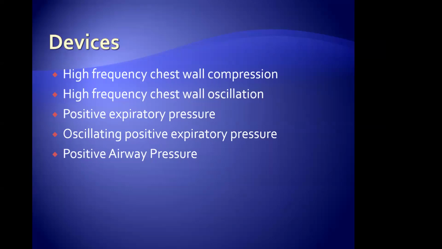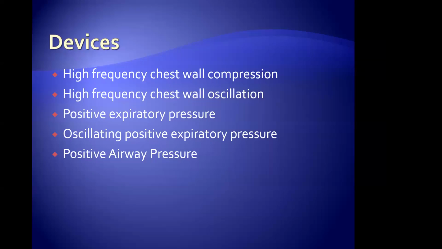So high frequency chest wall compression, turn that vest up and have that vest vibrate. High frequency chest wall oscillations, if you're doing IPV, MetaNeb, all those things, that's doing that. And then positive expiratory pressure, get that pressure up there. Have them take that big deep breath in. And if you're adding external flow to that, will that add to that?